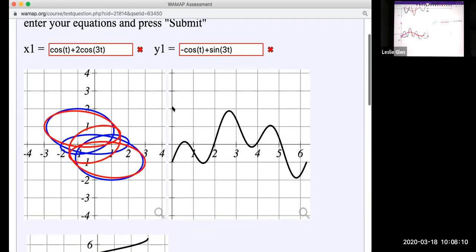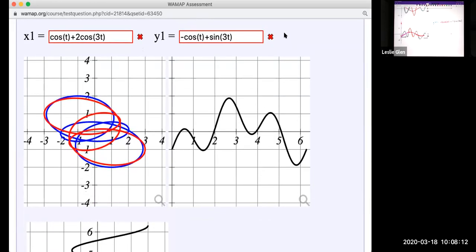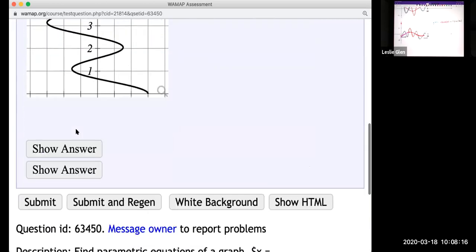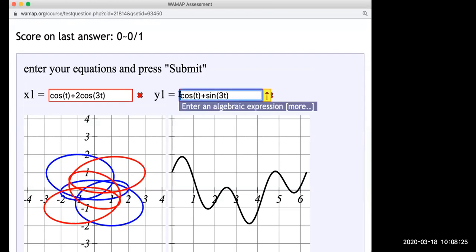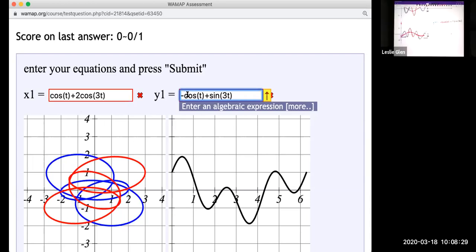But there's no law that says you can't just play around with things like that. What would happen if I made this one positive? Okay, see how that's flipped it around. If you tried negative sine t instead of the cosine? Yeah, let's try it.